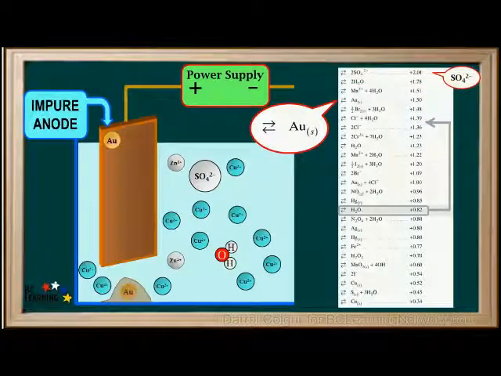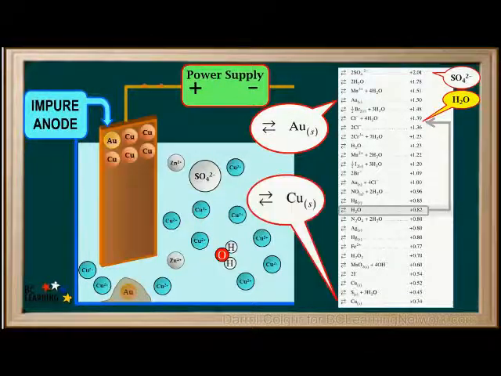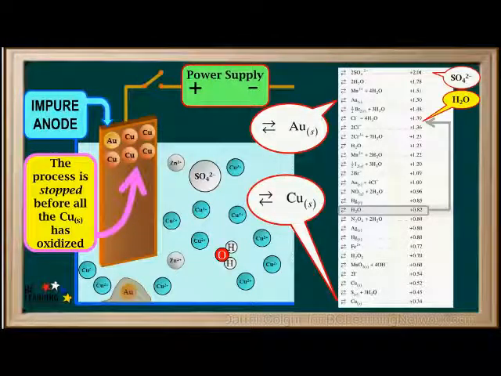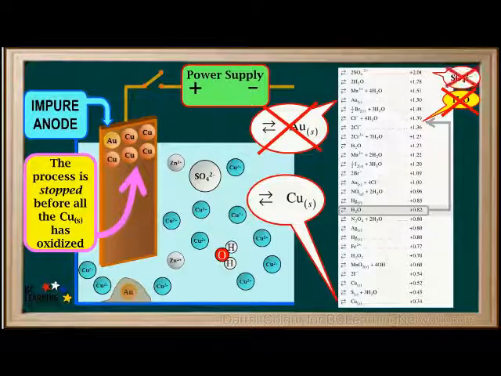So we might think that after copper is finished oxidizing, water will be the next species to oxidize. However, the whole process is stopped before all the copper has been oxidized. So neither water, nor gold, nor sulfate will ever get to be oxidized.